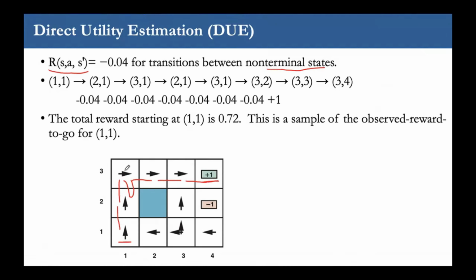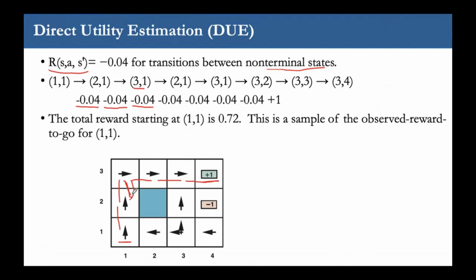So here, if there is a movement from 1, 1 to 2, 1, then the reward it will get is minus 0.04. Similarly, from 2, 1 to 3, 1, it gets the reward minus 0.04. Then from 3, 1 to 2, 1, again it is coming back, right? So for that it will be getting a reward minus 0.04.